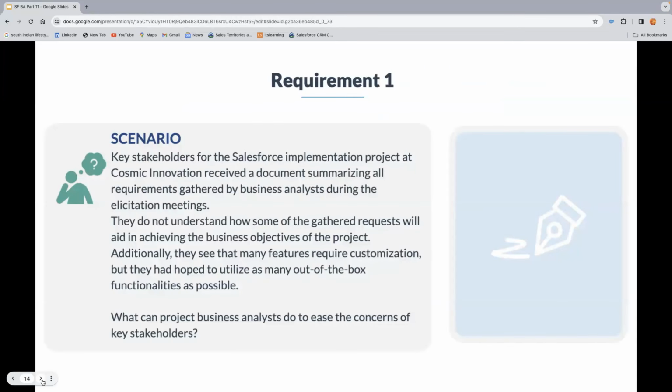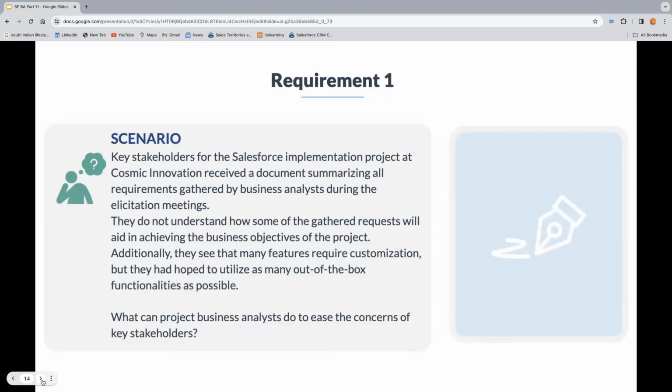We can see some scenarios. Key stakeholders for the Salesforce implementation project at Cosmic Innovation received a document summarizing all requirements gathered by business analysts during the elicitation meeting. They do not understand how some of the gathered requests will aid in achieving the business objective of the project.